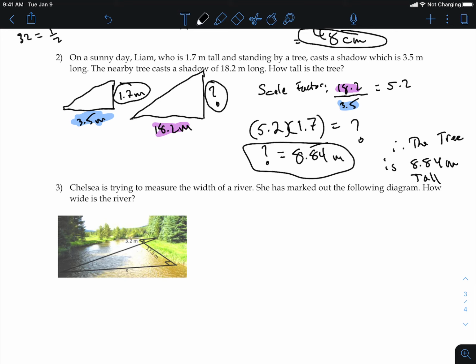Now here's the other way of doing this. You can set up what we call ratios. You don't necessarily need the scale factor. So you can go, and it doesn't matter what order it is, just so that they match. You can go 3.5 over 18.2 is equal to.